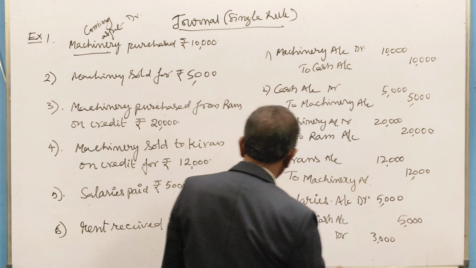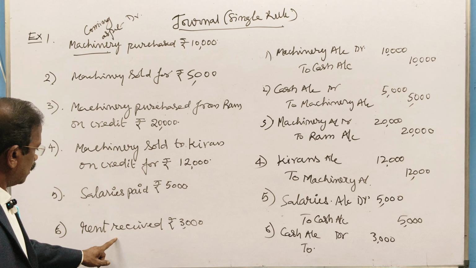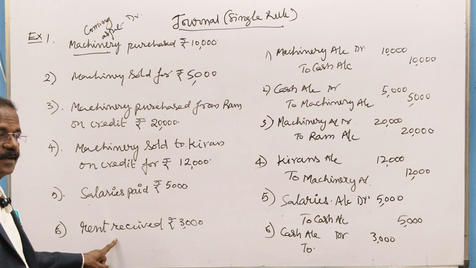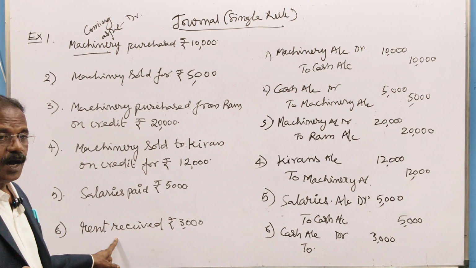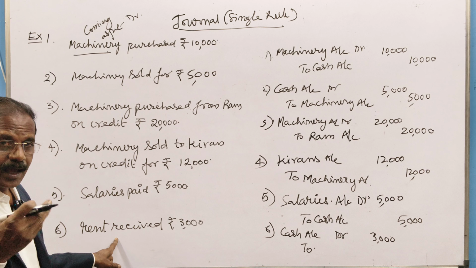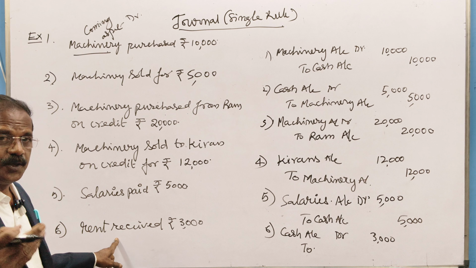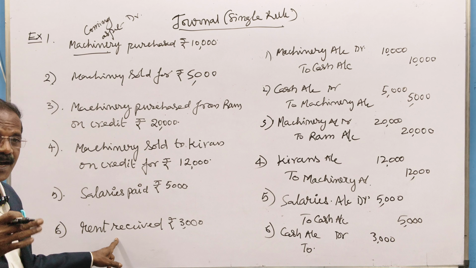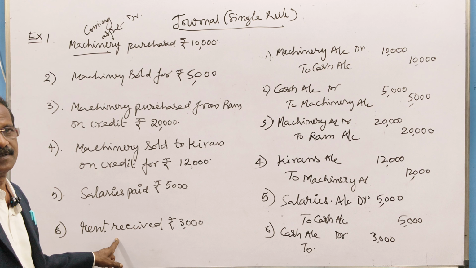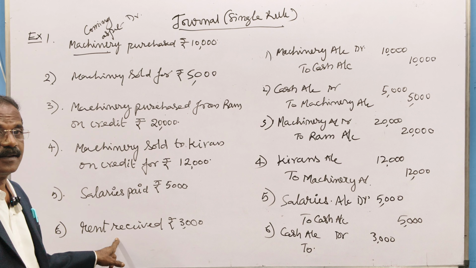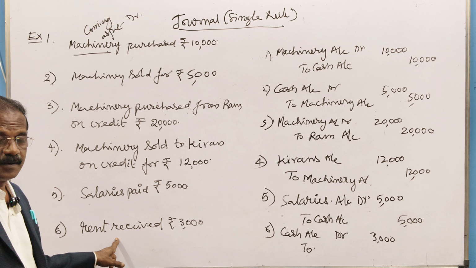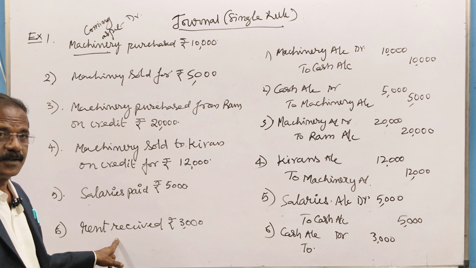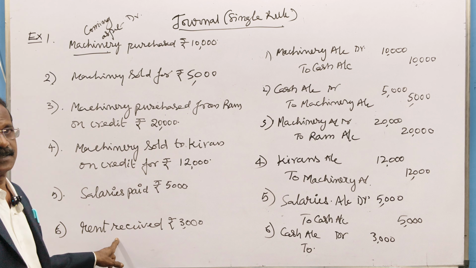Now, what is the going aspect? You are letting or allowing your building to be used by some other person. It means you are giving your benefit. Otherwise, if you had not given your building for rent, you would have used it. But now you are not using it.